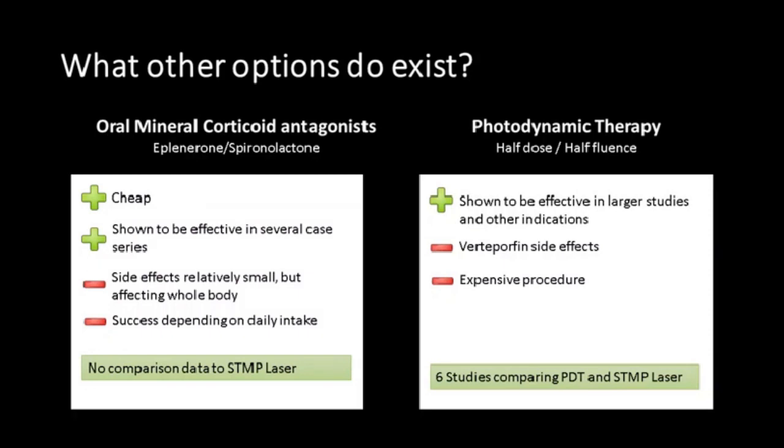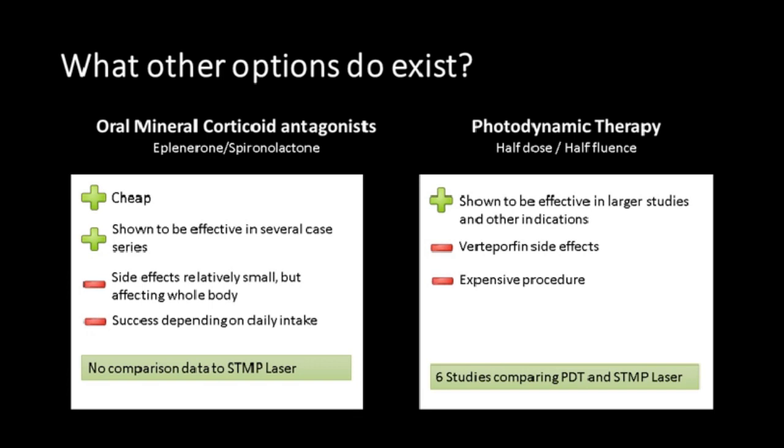So what about subthreshold micropulse laser as an alternative? You know that Eplerenone I'm not a big fan of. PDT I do like, but like I said, a lot of patients have a hard time getting the drug, and the laser is expensive. You also run the risk with choroidal thickening that with age you're going to want that choroid. We all know that age-related choroidal atrophy can be a problem, and so most of us would rather not give up choroid if we didn't have to.